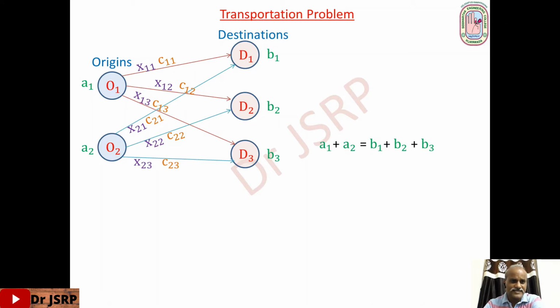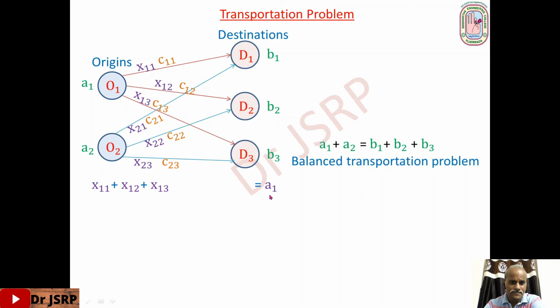But the actual available amount at the first origin is A1. Since all available amounts equal all required amounts, the relation between these two is equality. So x11 plus x12 plus x13 equals A1.